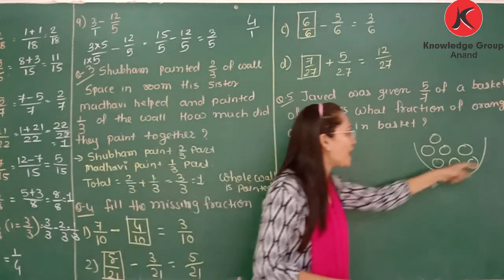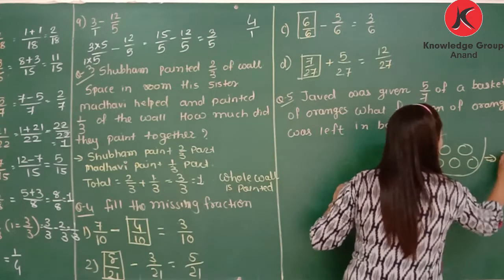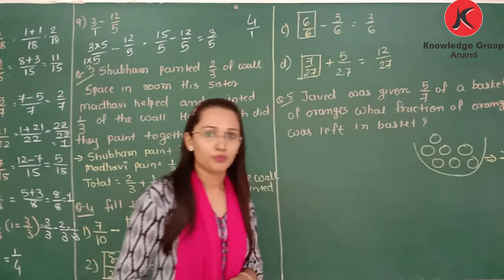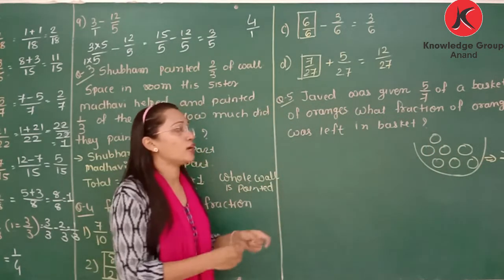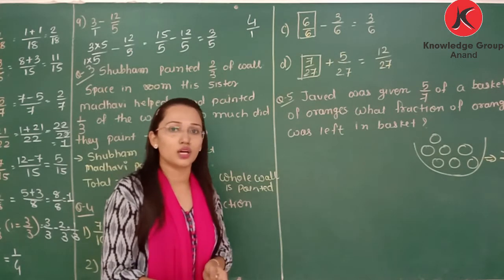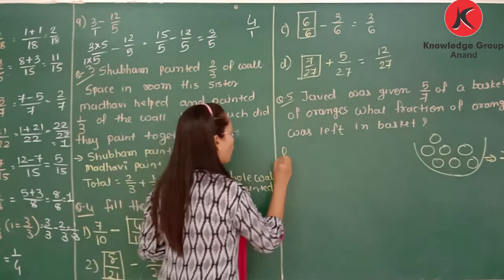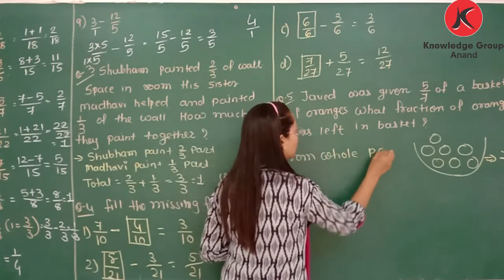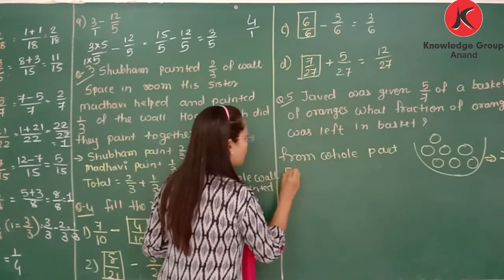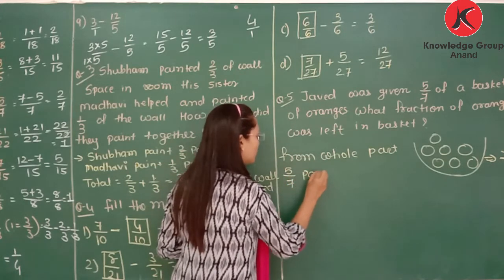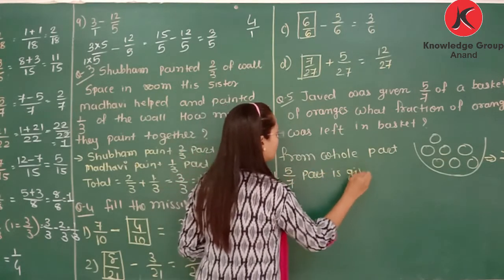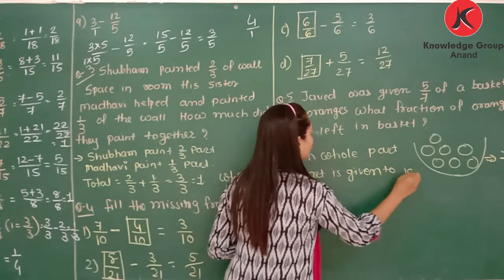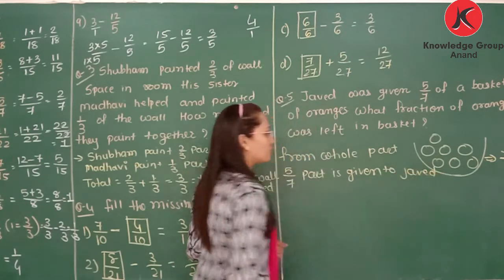So here the whole basket is considered as one part. Out of one part, 5 by 7 part is given to the jar. So from the whole part, 5 by 7 part is given away.